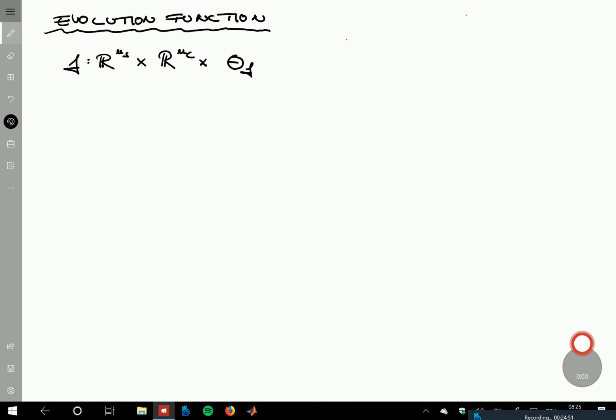So the way it looks, we've seen that above. It takes this NS-dimensional state vector, the input function vector, the parameter vector, and returns the rate of change of the state vector. But now the way it looks in a little bit more detail is as follows.